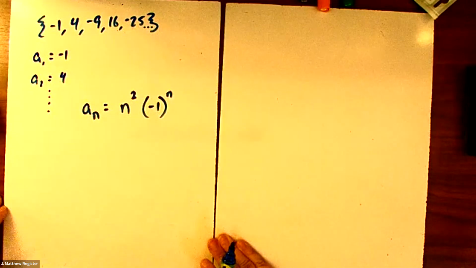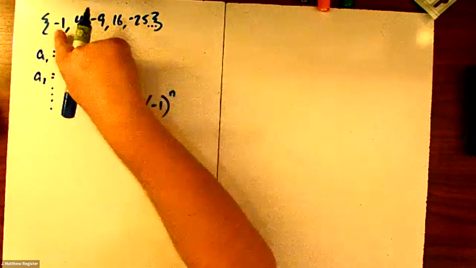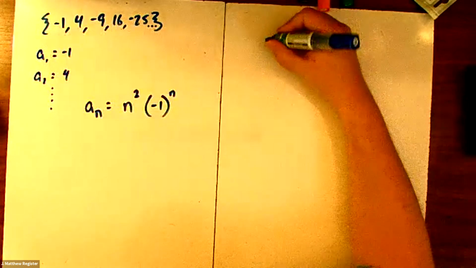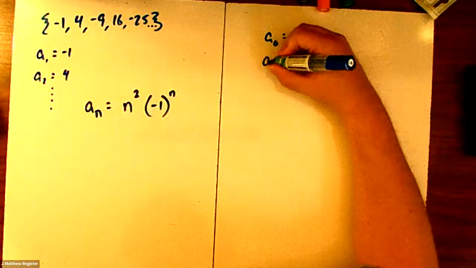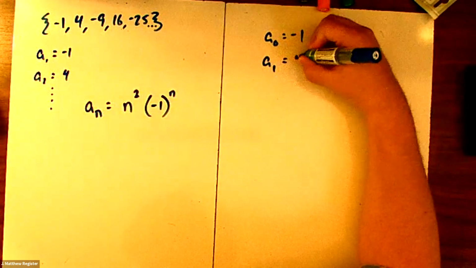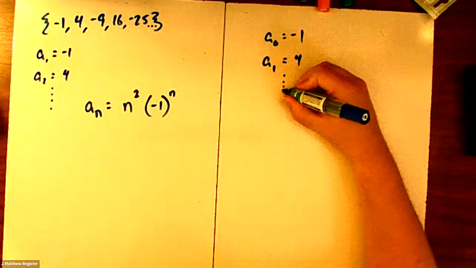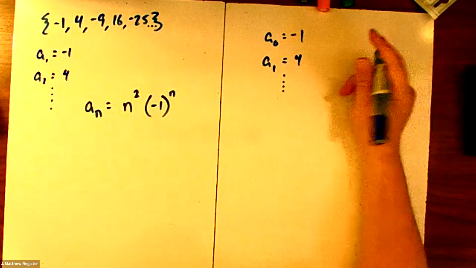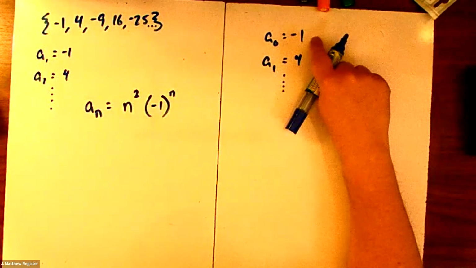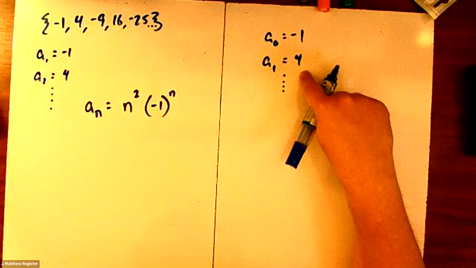Another way we could do this is if we wanted to start with this being a0. A0 equals -1, a1 equals 4, and so on. We could do the same process, but we'd have to shift everything over by 1, because for 0, this is 1 squared. At 1, this is 2 squared.